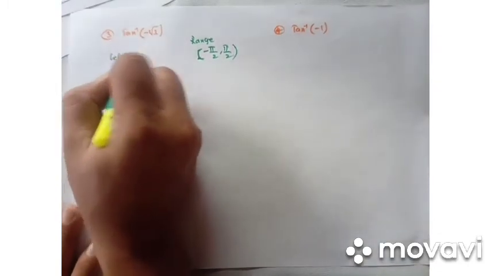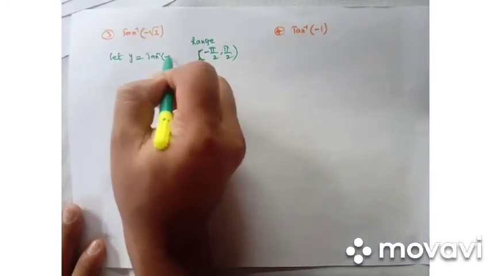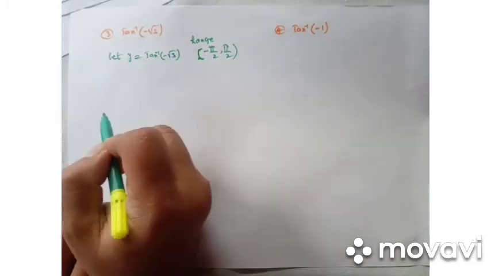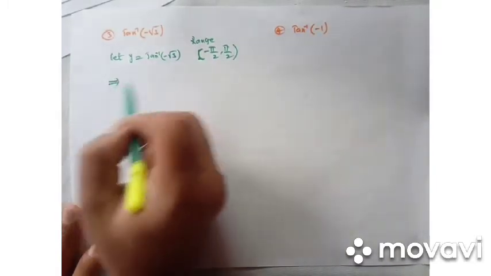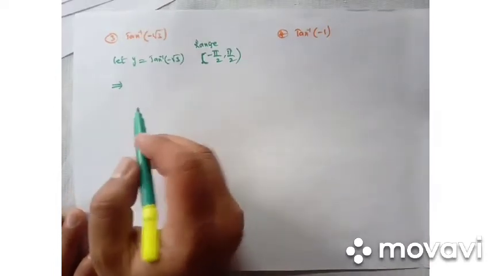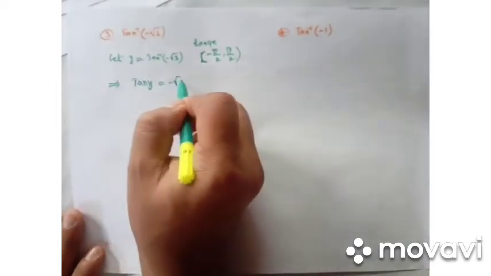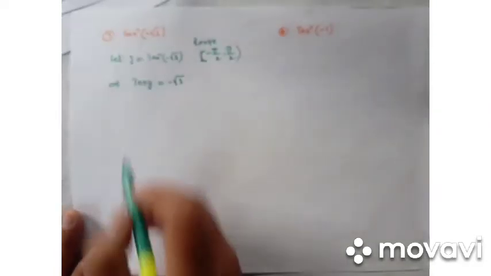So in the same way, let y be equal to tan inverse of minus root 3. So send this tan inverse to the left hand side, then it will become tan y is equal to minus root 3.